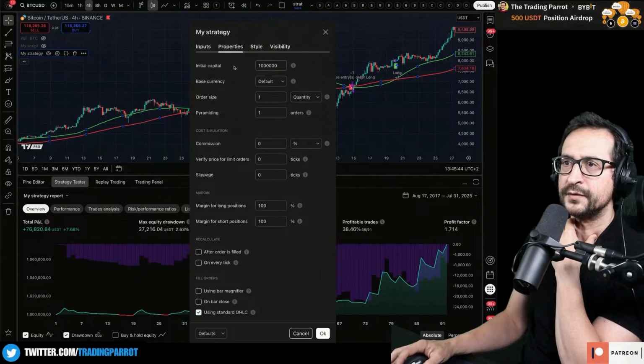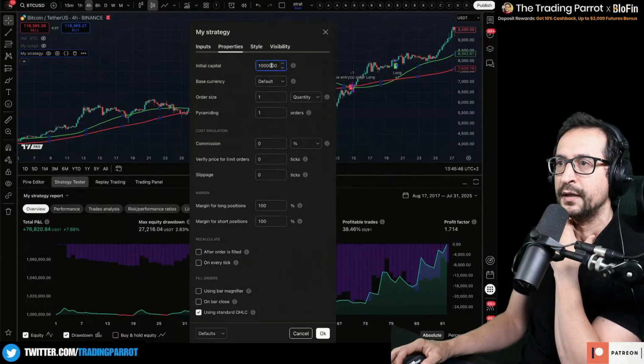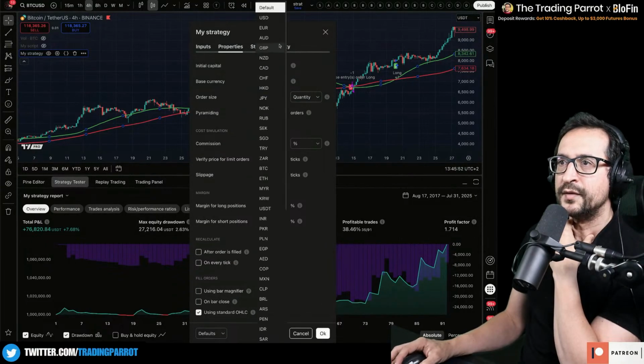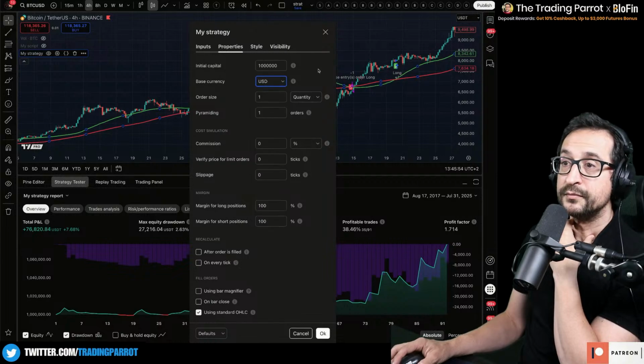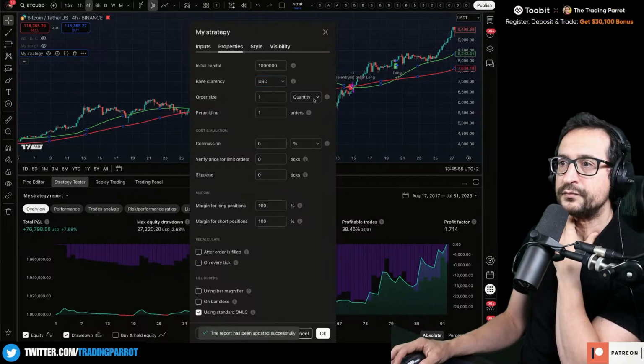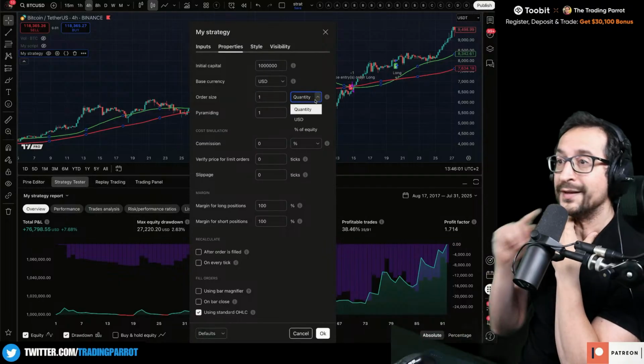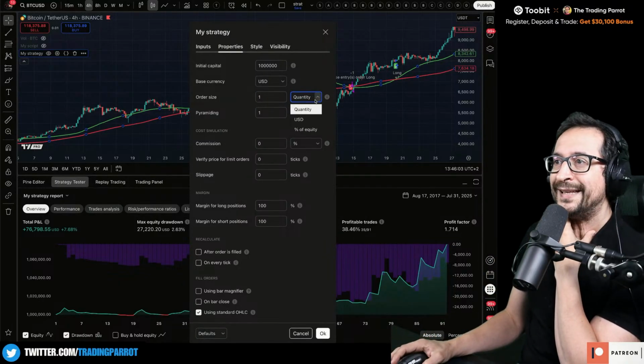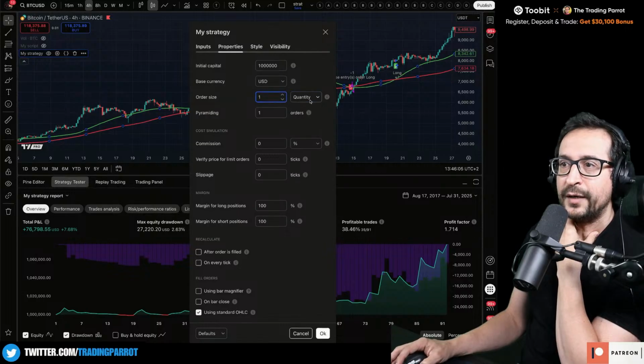First, this says initial capital, and it's got how much is this? 1 million. And base currency is default, I guess that's dollars. Then in here, the order size, we have the quantity. So I guess this is buying one quantity.